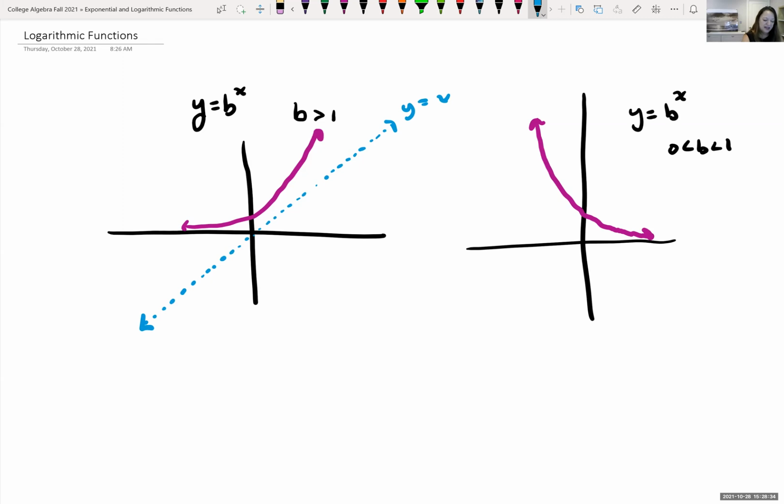So if I looked at this and folded the paper, what this would look like is, well, it's not really, because it should be over more.